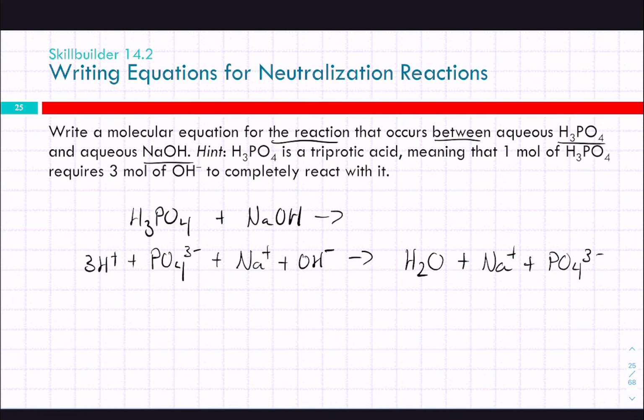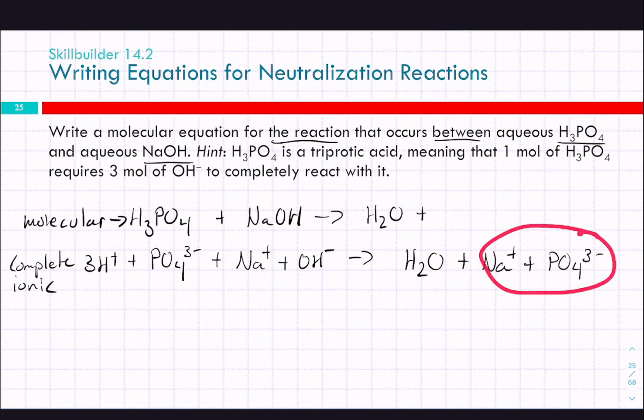So then for our molecular equation, so this is the molecular equation, and this is the complete ionic equation. We get H2O plus, and now we need 3 of these sodiums, because we're going to combine these 2 together. So we're going to need 3 sodiums for the phosphate so that the charges balance.